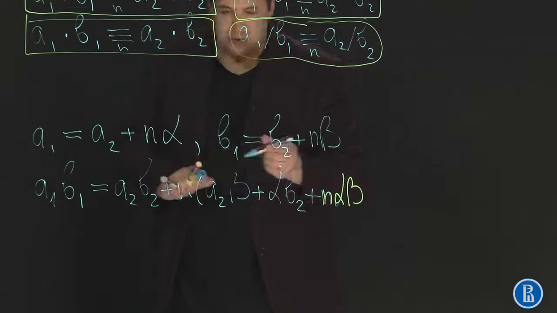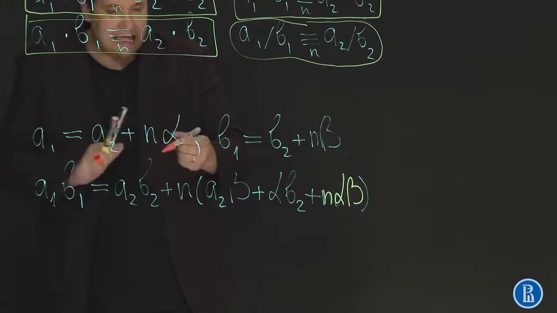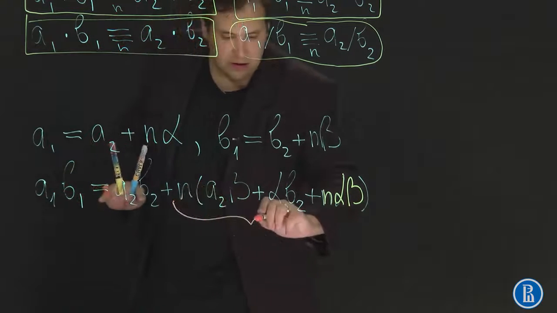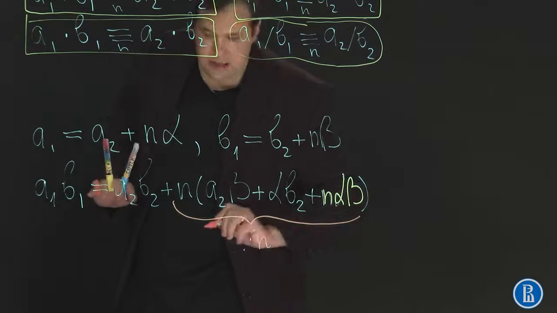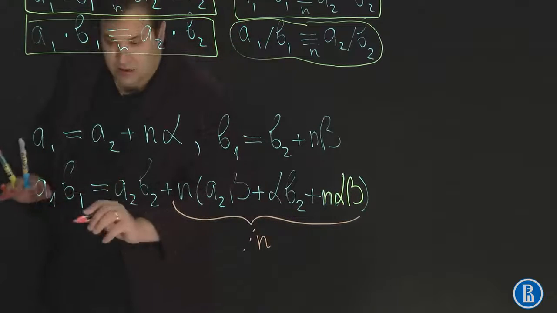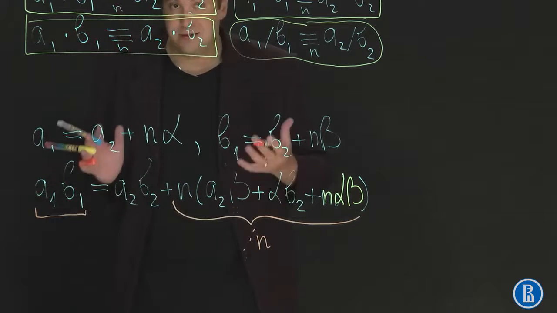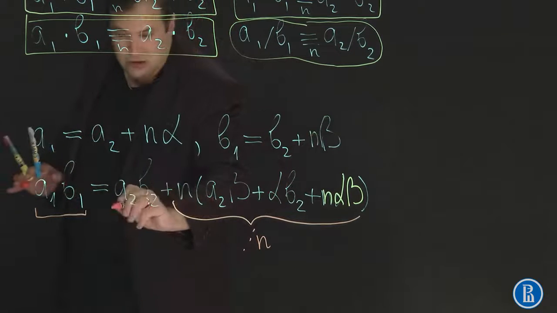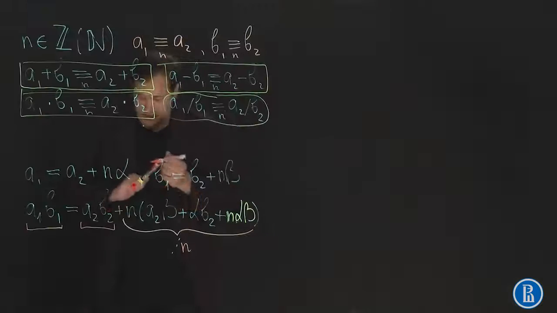So the brackets close here, and we see that this part here is of course divisible by n. So therefore a1 b1 is indeed congruent to a2 b2 modulo n.